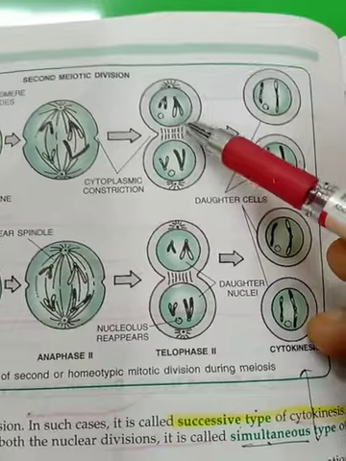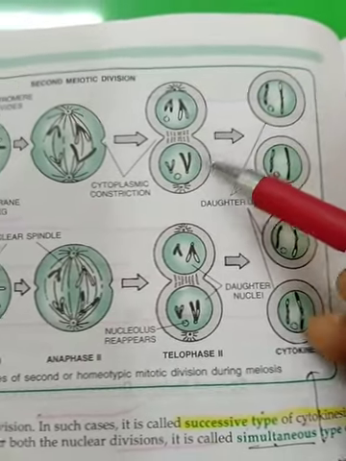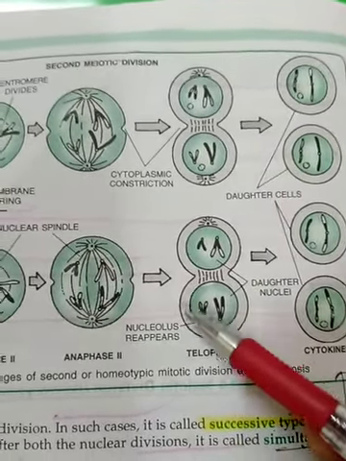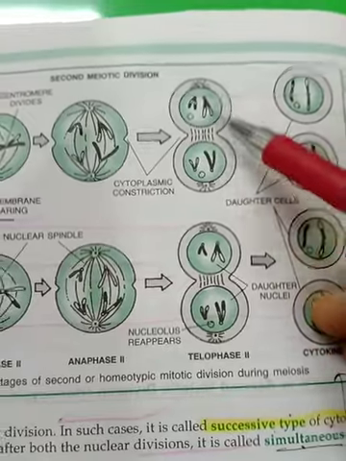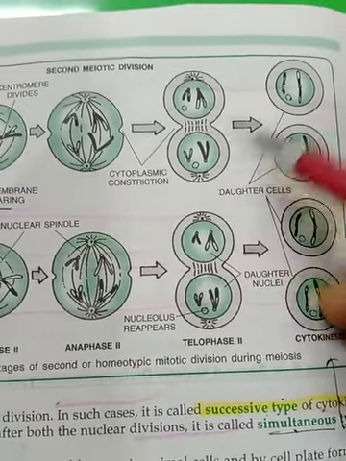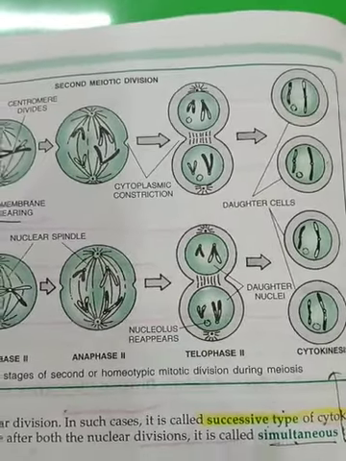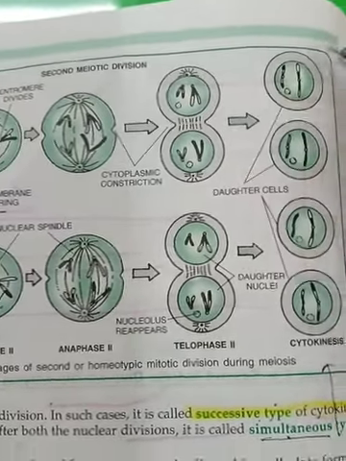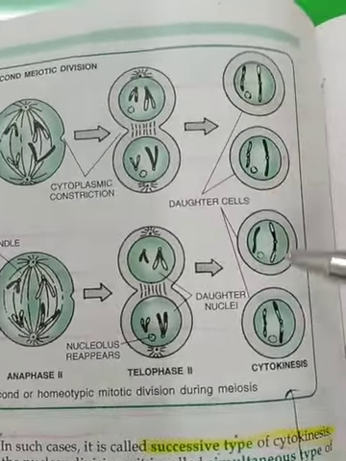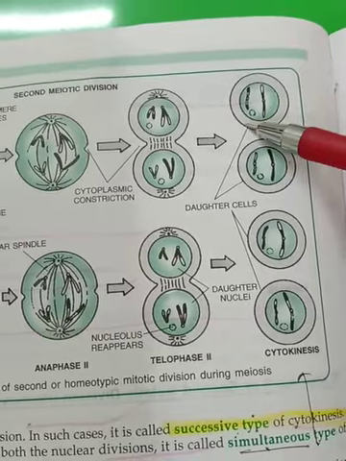If it is a plant cell, then it is by cell plate formation. But you can see that the nuclear membrane is recovered, the nucleolus also comes back, and the cells are now rightly divided into two daughter cells. This complete division of the daughter cells is done after karyokinesis. This is how it is followed by cytokinesis.